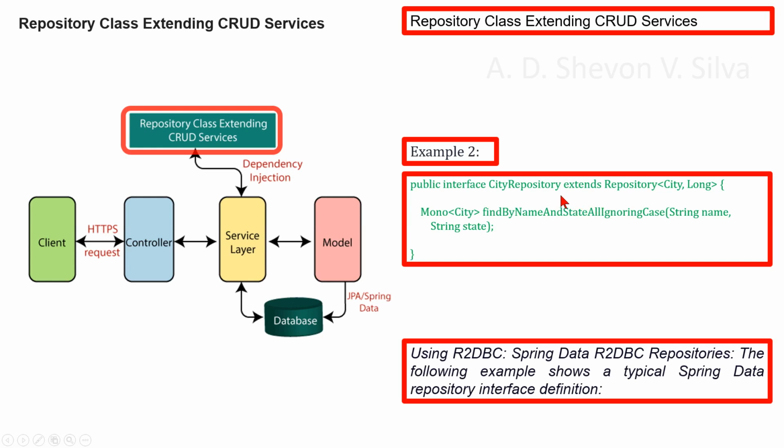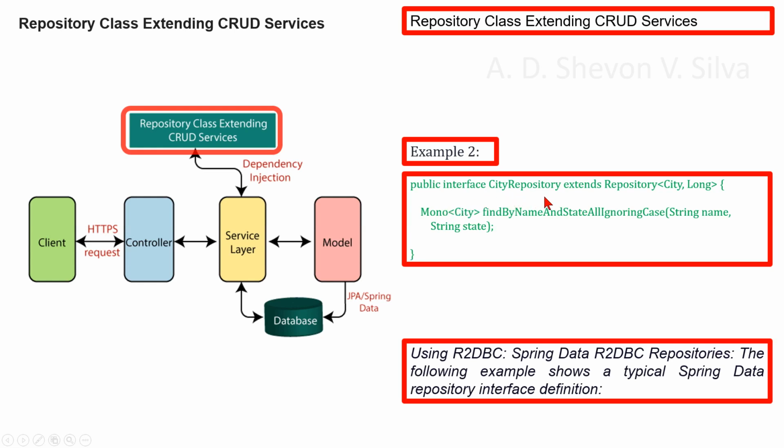Queries are created automatically from your method names. For example, a CityRepository interface might declare a findAllByState(String state) method to find all the cities in a given state. For more complex queries, you can annotate your method with Spring Data's @Query annotation.